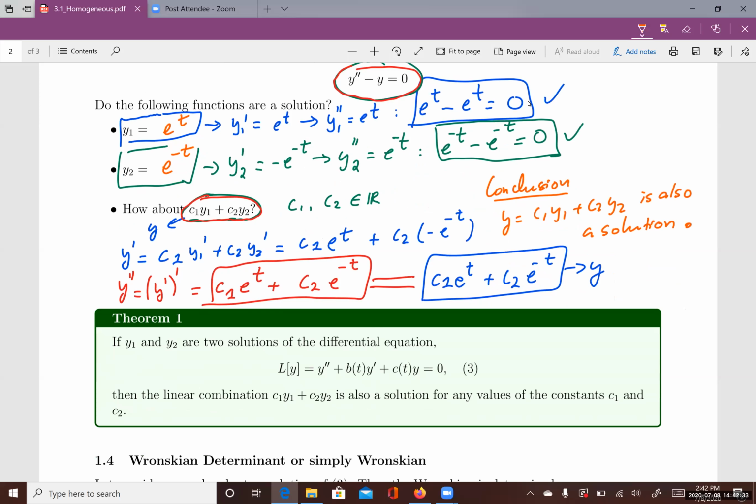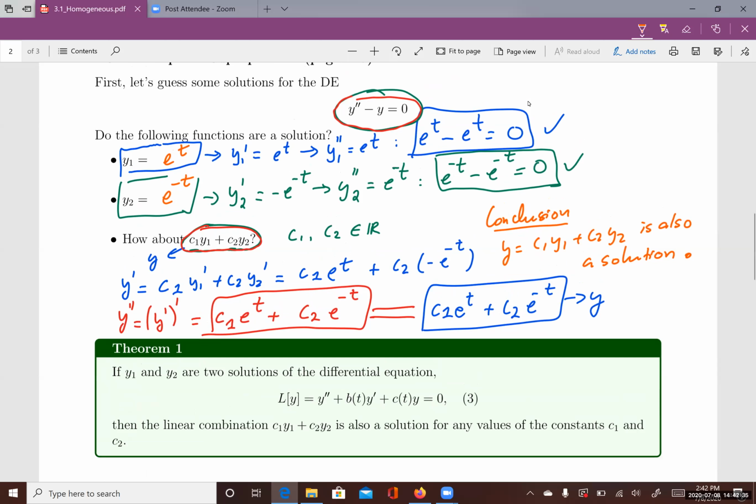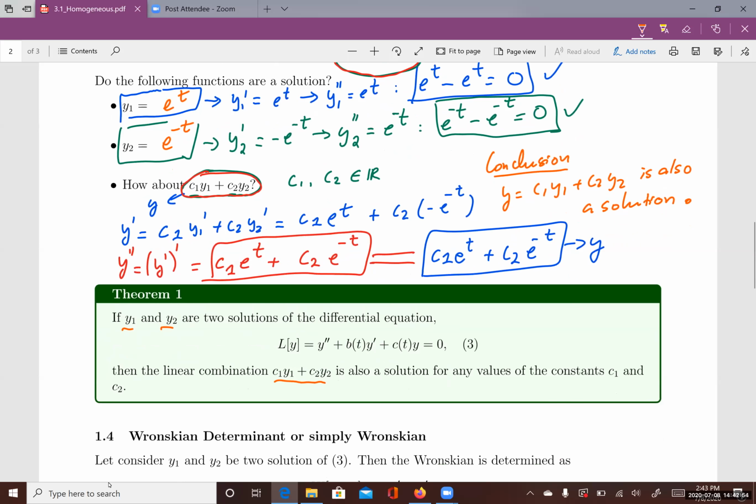All right, so the first theorem in this lecture is saying that if y1 and y2 are two solutions of a differential equation, then the linear combination c1 y1 plus c2 y2 is also a solution for any values of the constants c1 and c2. And as we know, once we come up with the general solution as a linear combination, we can just use the initial values to determine the values for c1 and c2 later if we have an IVP.